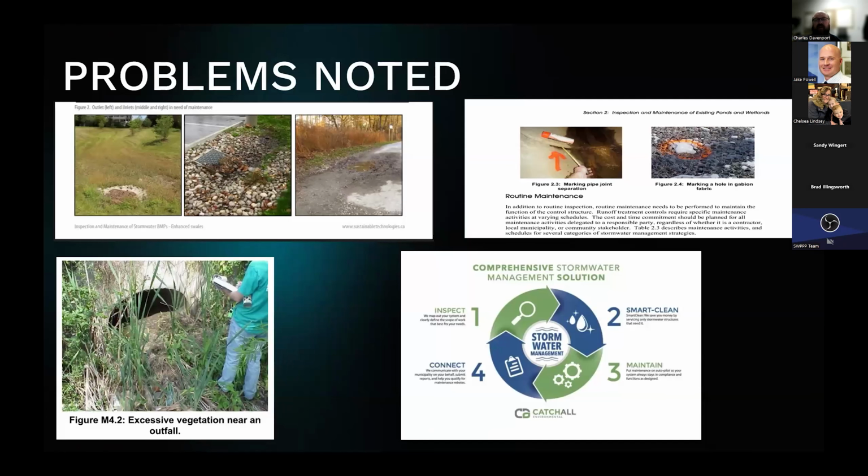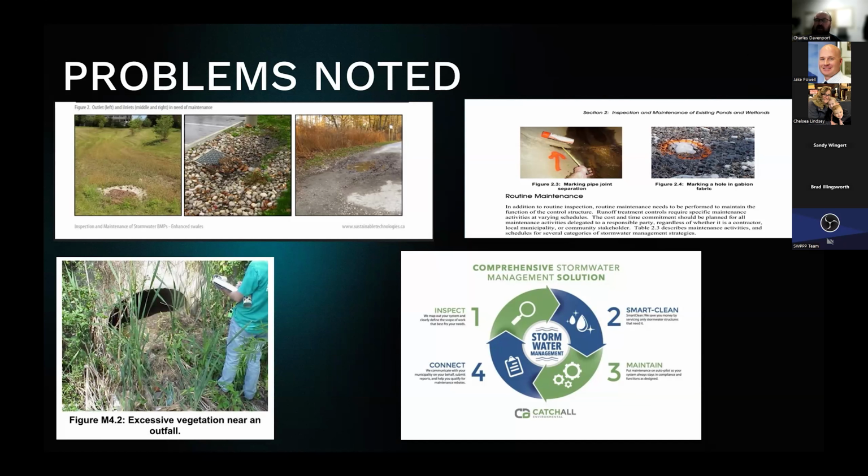So, like was noted, you have to look around for different problems that happen within your system and keep track of it. So, excessive vegetation or misaligned pipe, or like Chelsea said, having the drain be impeded so that it can't go down the drain.